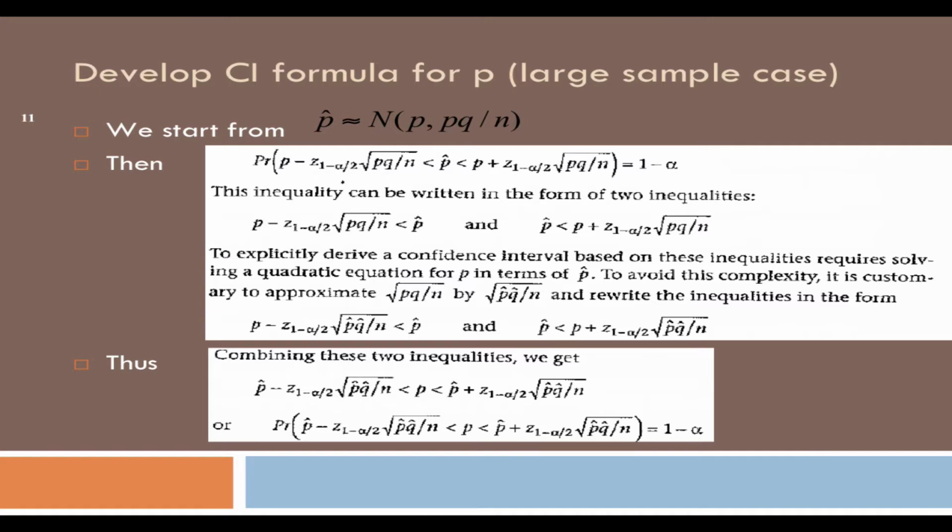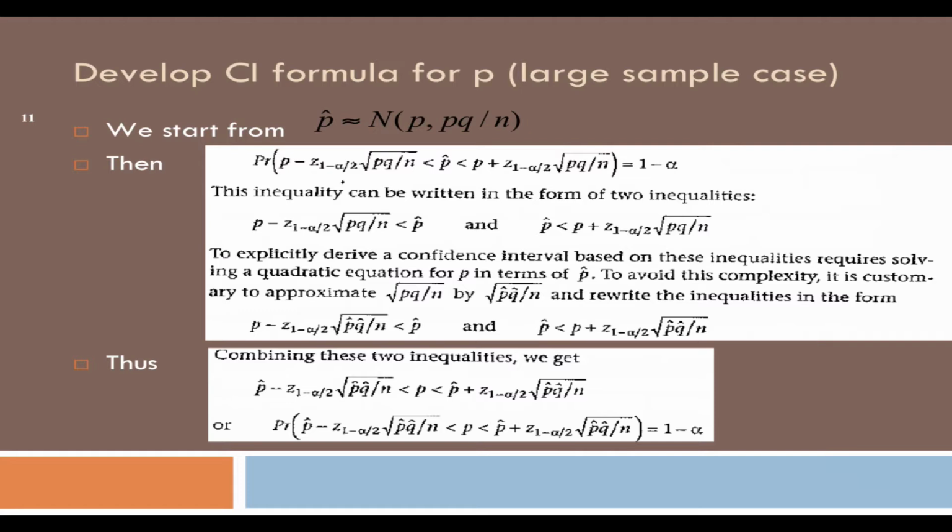So what you get is P hat, and this gives you the confidence interval for P. This is essentially the same as what we did just about half an hour ago for X bar, because this whole part comes from the normal distribution of standardization.